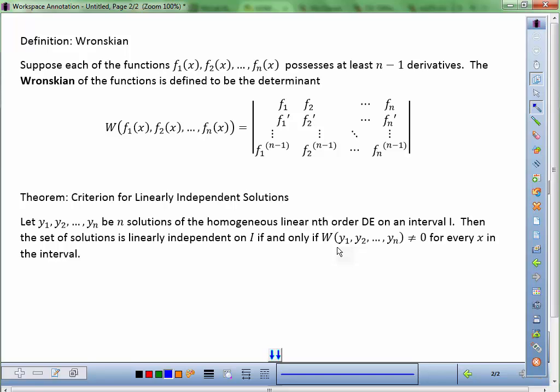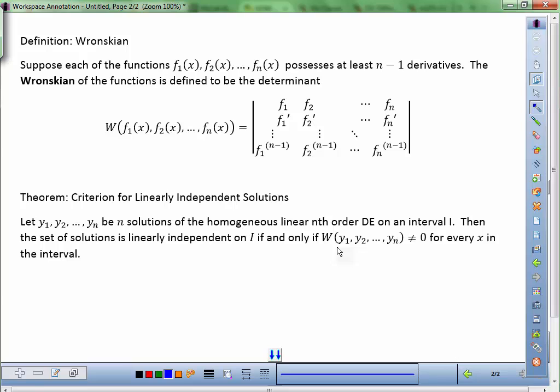So we'll talk about finding the determinant of a Wronskian matrix. Well, first we'll define a Wronskian, then find the determinant of that. And this theorem gives us the criteria for linear independence.